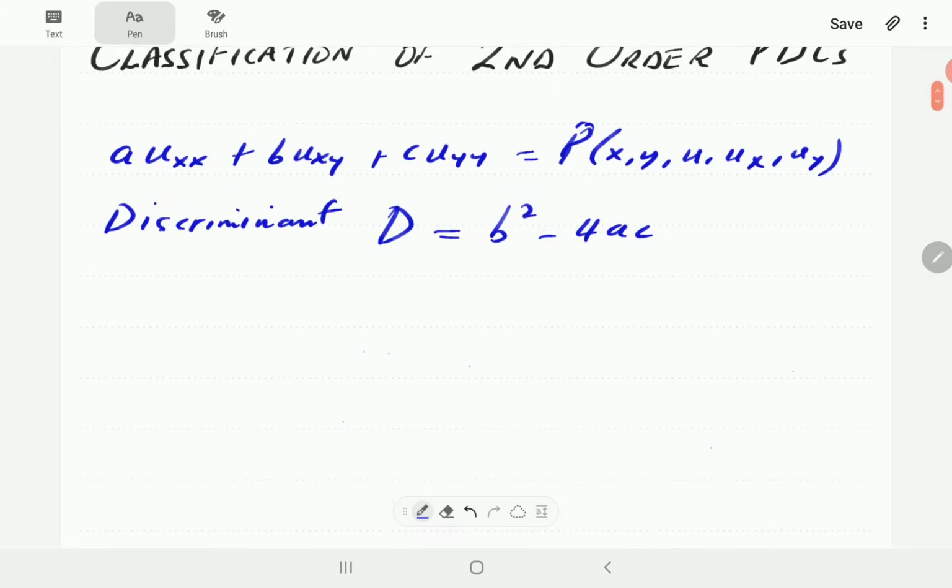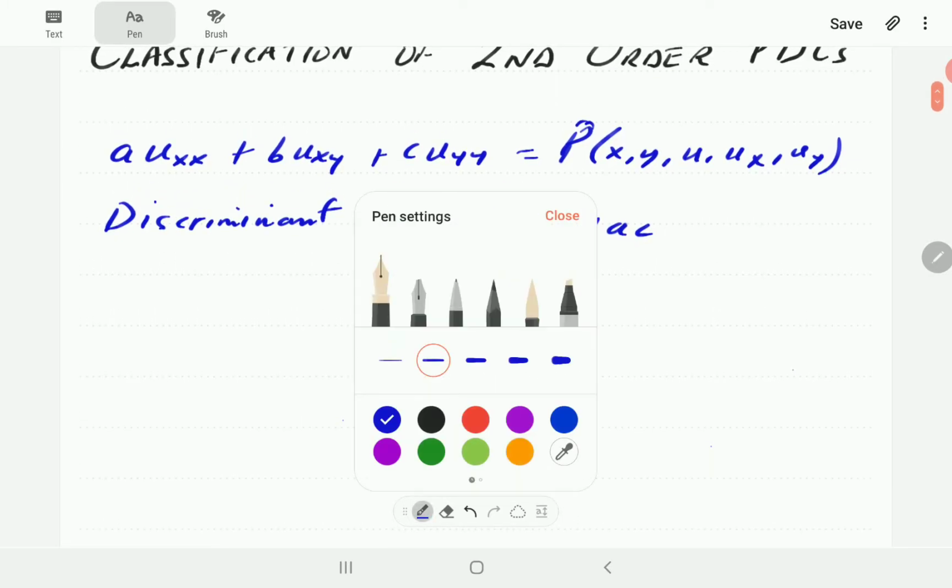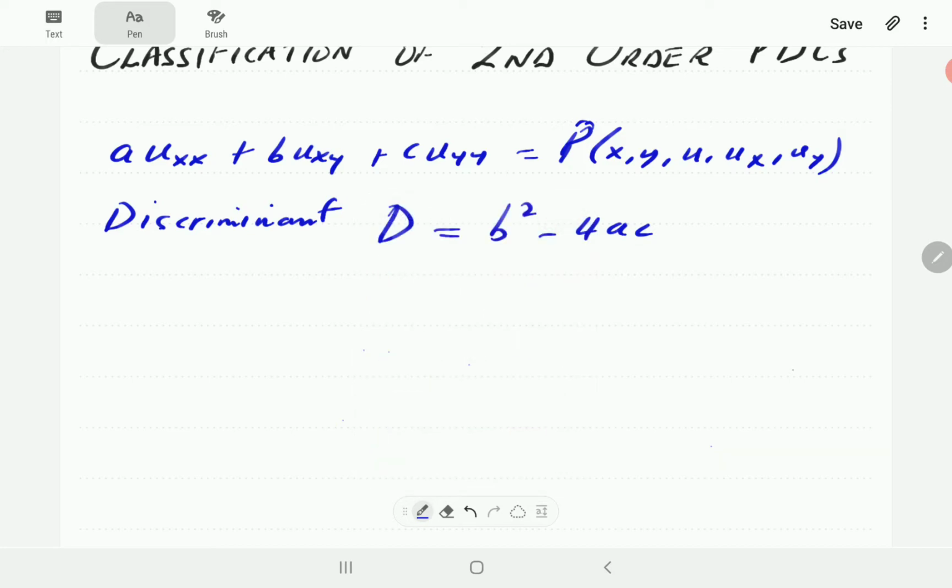So we said there are 3 cases which we are just going to list here. I'm going to tabulate this.